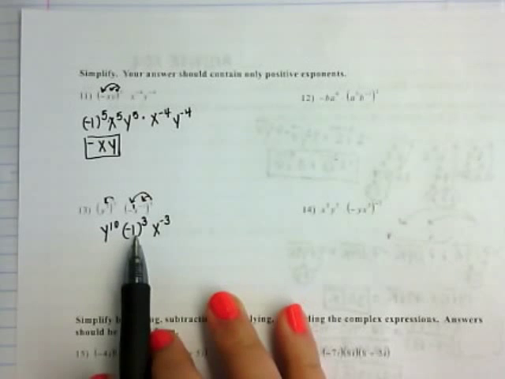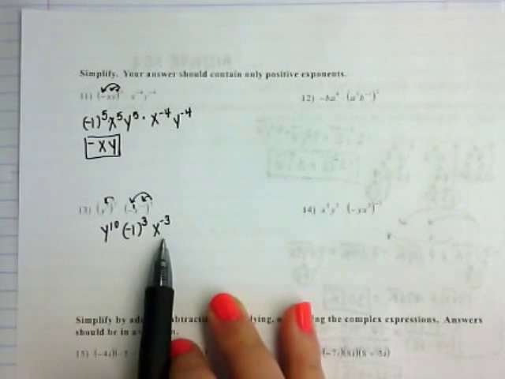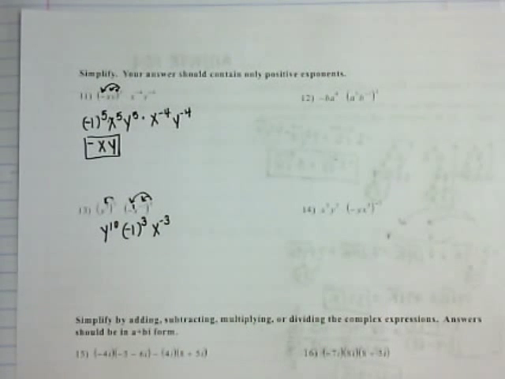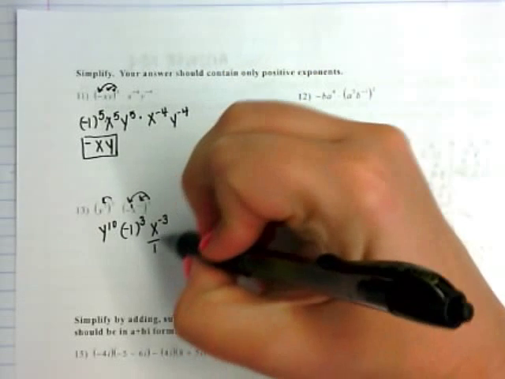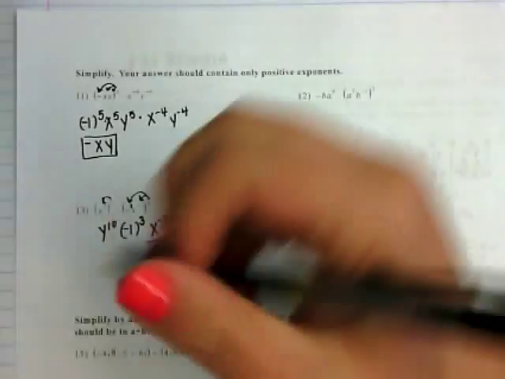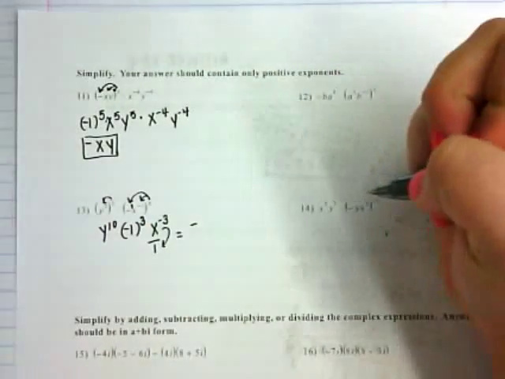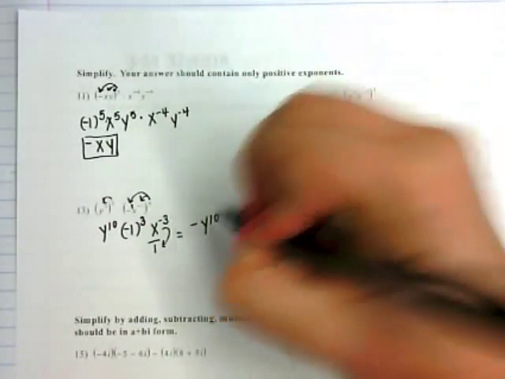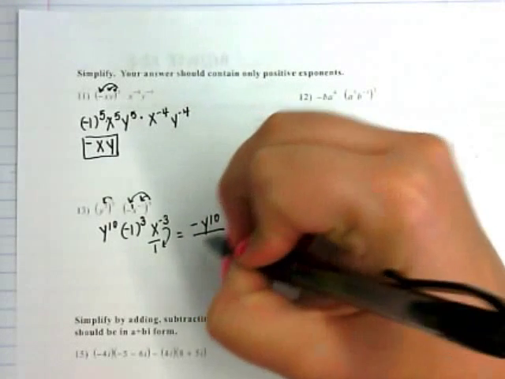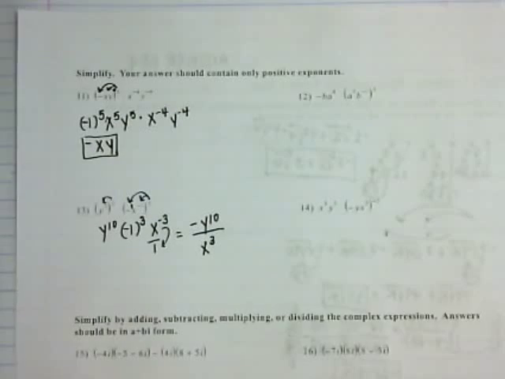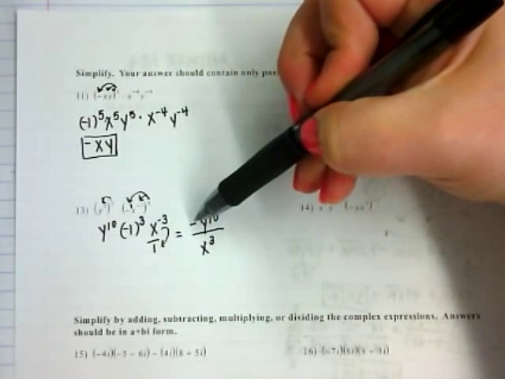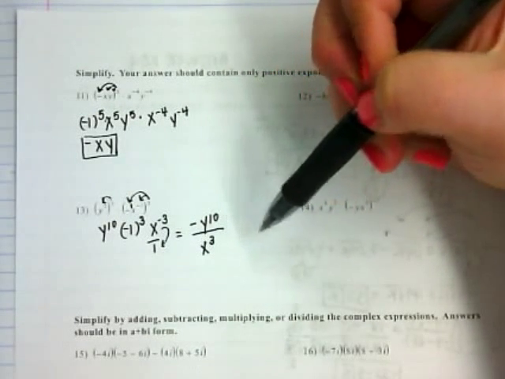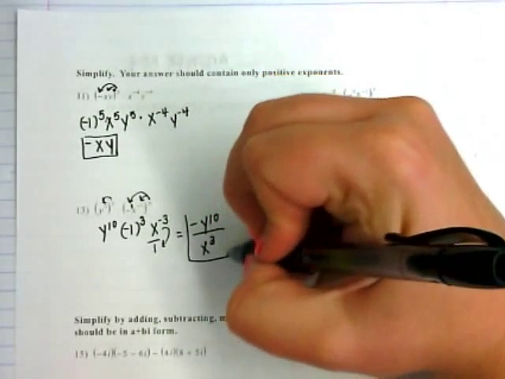Well, I know negative 1 to the third is just negative 1, and x to the negative third, I can't have a negative. Technically, it's over 1, so I'm going to have to flip the fraction to the bottom. So my negative 1 is going to remain on the top. I also have y to the 10th on the top, but my x to the third is going to have to flip to the bottom to get rid of a negative exponent. So it's okay to have negative numbers, but it's not okay to have negative exponents. So I'm done there.